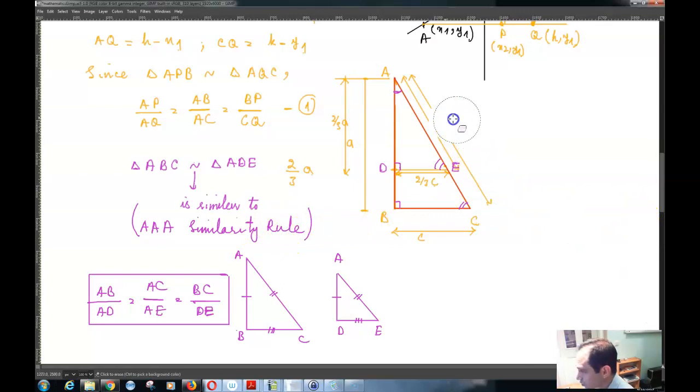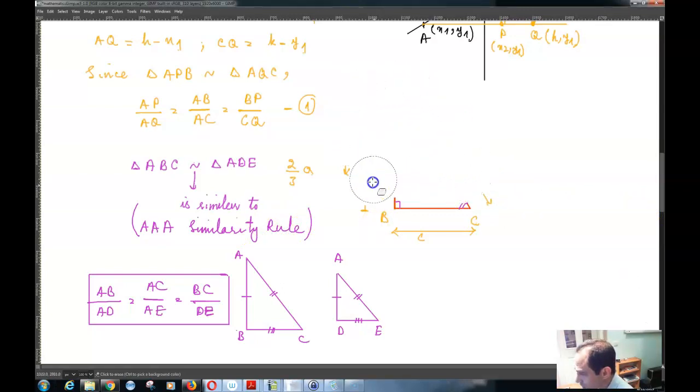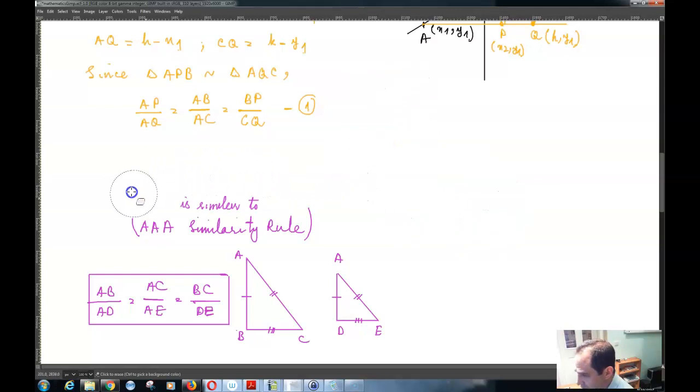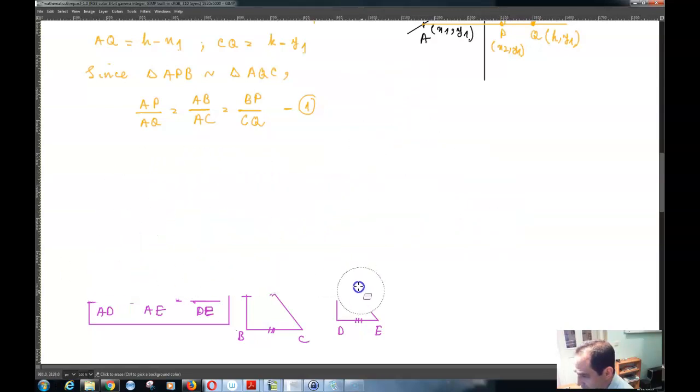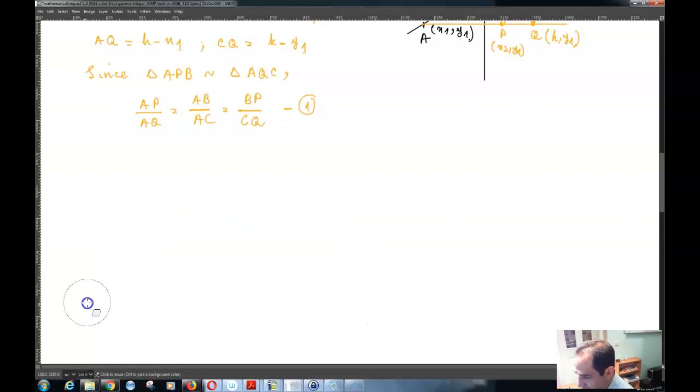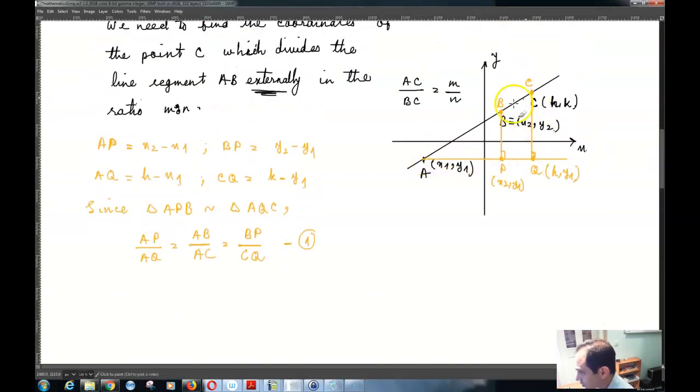And once you establish that your triangles are similar, then there is a fixed ratio between the corresponding sides of the triangles that you can write this way. Our similar triangles are these triangles, and these are the ratios between their side lengths. So now I can write this relationship.